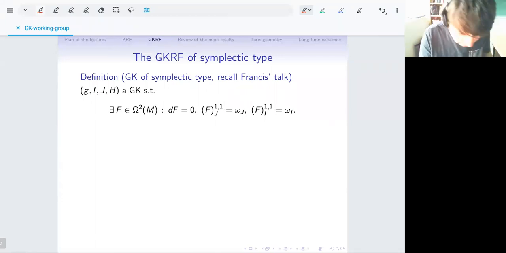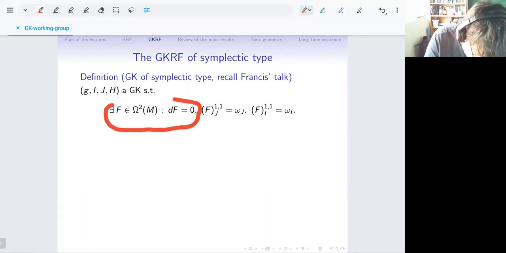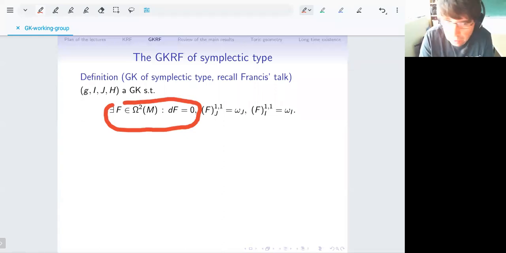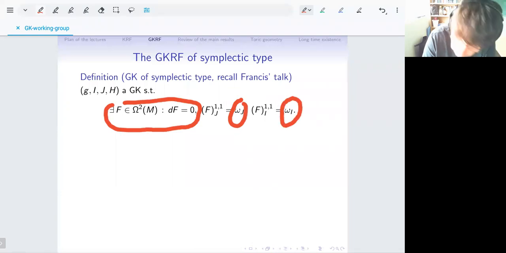It's different, but from my point of view, I want to think of generalized Kähler structures of symplectic type as bi-Hermitian data given by I, J, and a Riemannian metric G, and I will impose the existence of a symplectic 2-form. So there is a closed 2-form F with the following property: if you take the (1,1) part of this symplectic form with respect to J, with respect to I, you get the corresponding fundamental forms.